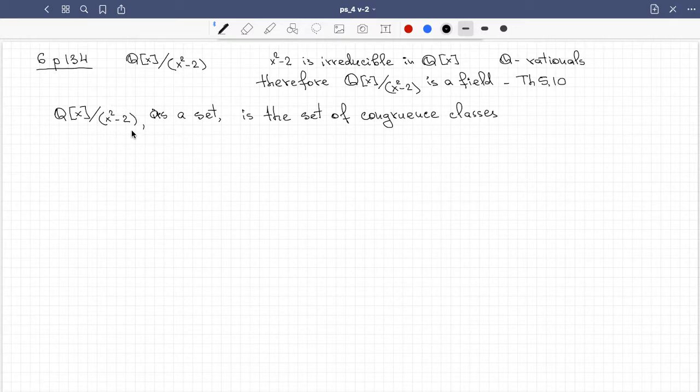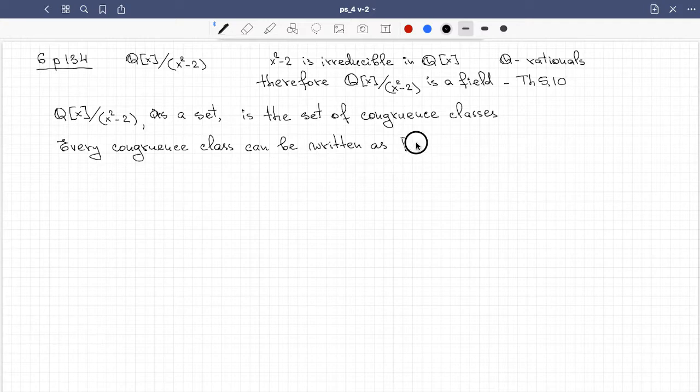And every congruence class, as the book claims, can be written as the class of a linear polynomial ax plus b, a polynomial of degree 1, with rationals a and b.